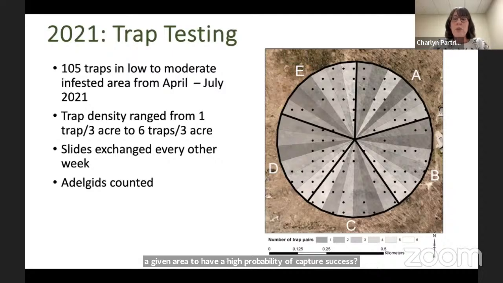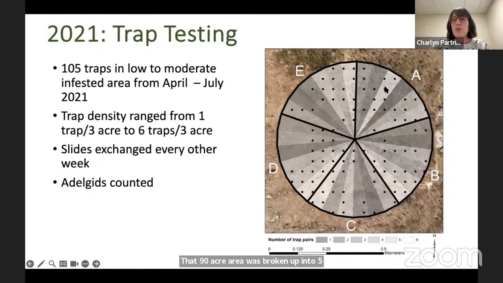In 2021, we deployed 105 traps into a 90-acre area, which is outlined on the right-hand side. That 90-acre area was broken up into 5 replicate sections.